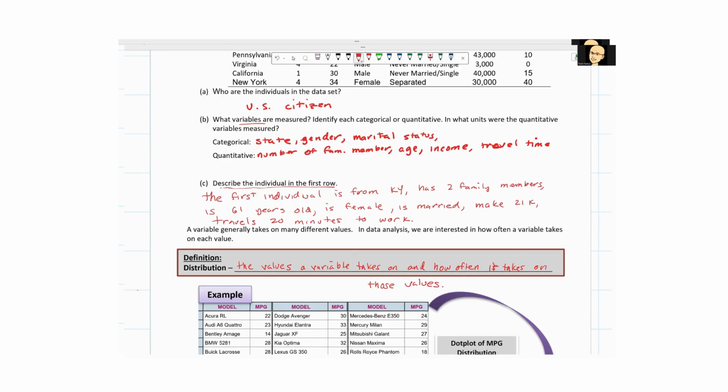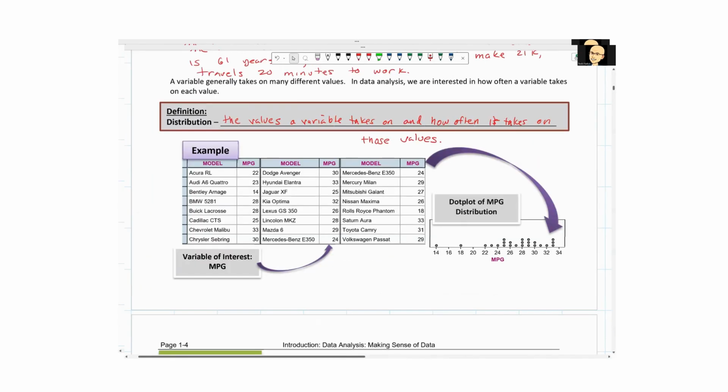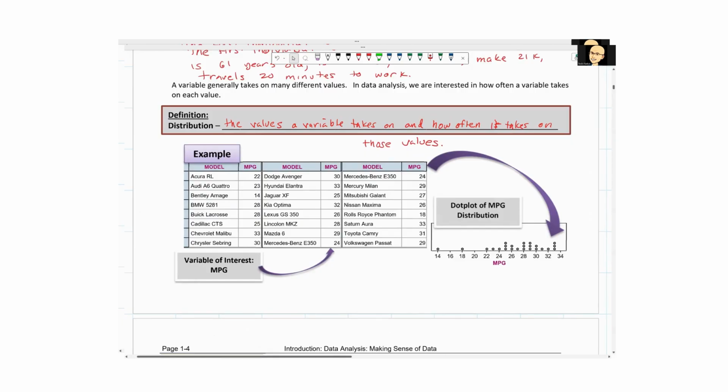Now, you may look at that and say, well, that sounds redundant. Well, let's take a look at this data set. Hey, we got a bunch of cars and their gas mileage. The individuals in this data set are the cars. The two variables being looked at are the model and the MPG. Let's focus on the MPG. Okay? Oh, 22 is a value in that distribution. 23 is a value in that distribution.